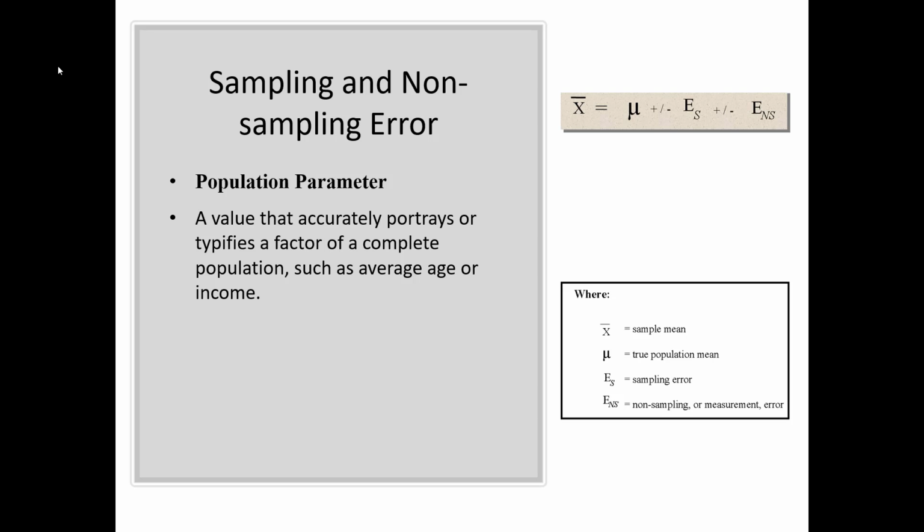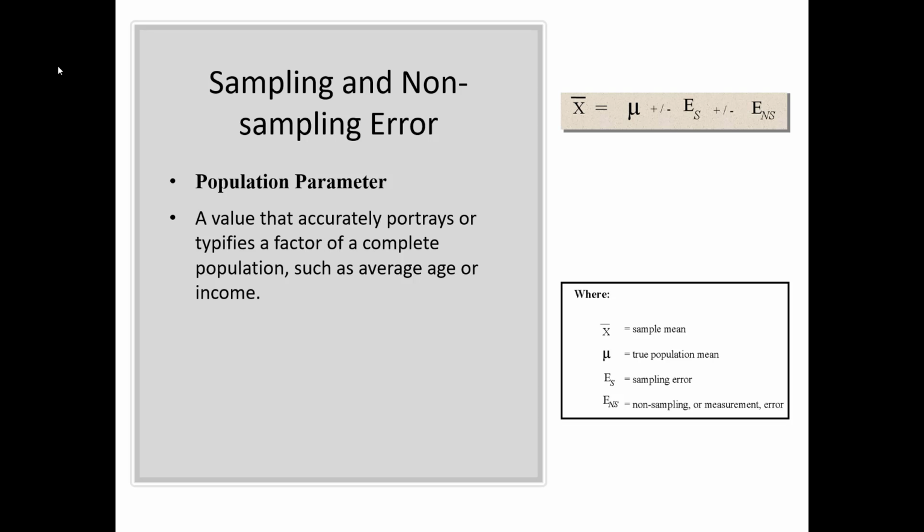Now, there's another type of error or noise. It's a non-sample error called a measurement error. This actually comes from the whole research process, and we have all kinds of measurement errors, which we have discussed earlier in our lectures. For example, if you have interviewer bias, there's error, and respondent bias, there's error.